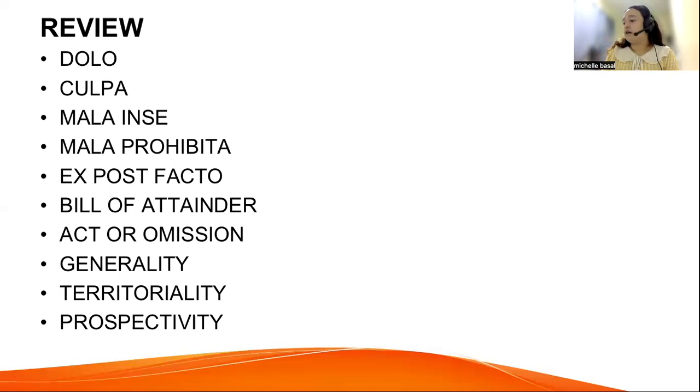Okay? Of course, please also do not forget our provisions on acts or omissions. Acts are bodily movements which tend to produce an effect in the outside world. So an act must be external. You must have performed a physical movement. Otherwise, if the act is internal, even if I have evil thoughts of killing a person, if I do not perform a physical act of killing, I cannot be punished.